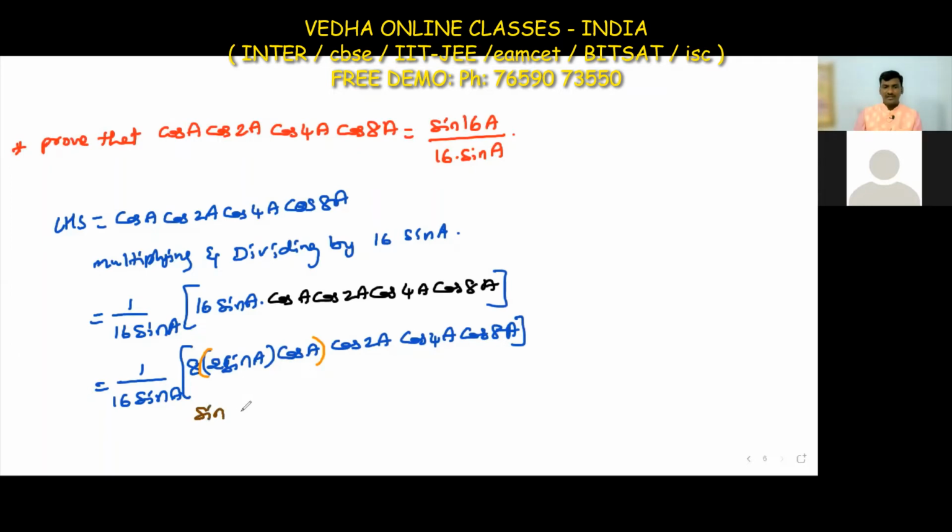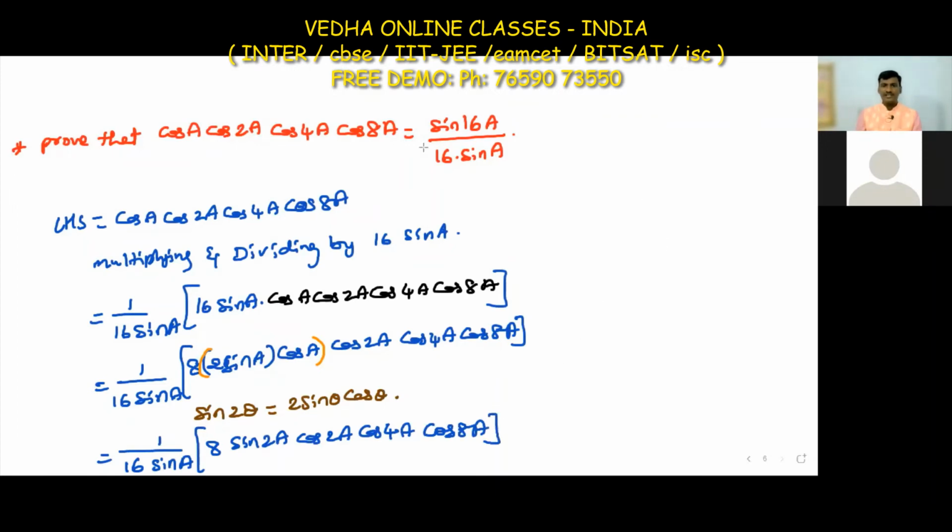What is the formula here? Sin 2 theta is equal to 2 sin theta cos theta. So this is equal to 1 divided by 16 sin A, with 8 outside as it is, 2 sin A cos A, that is sin 2A, and cos 2A, cos 4A, cos 8A as they are.